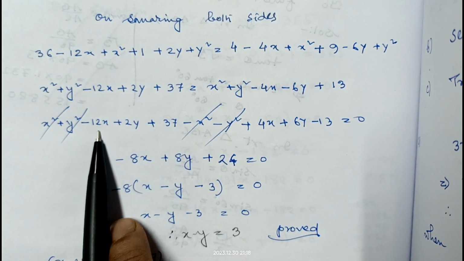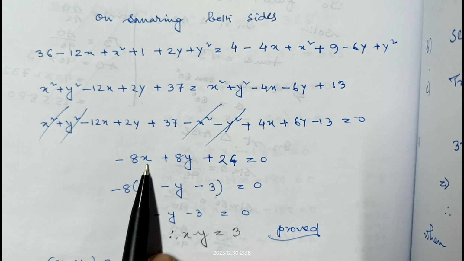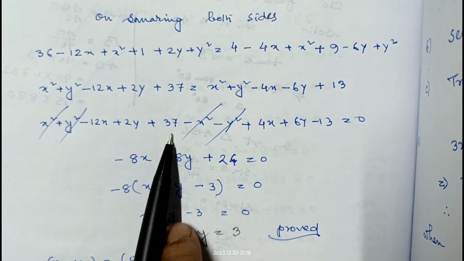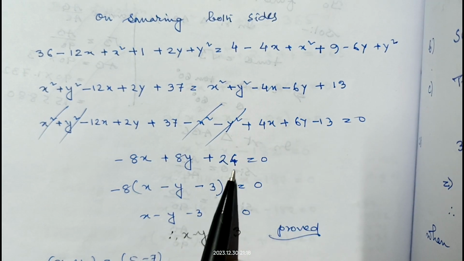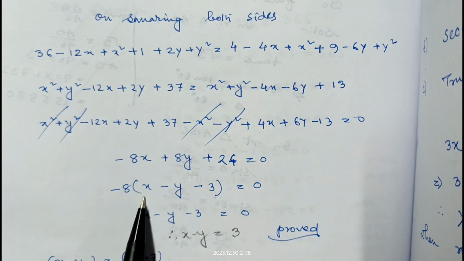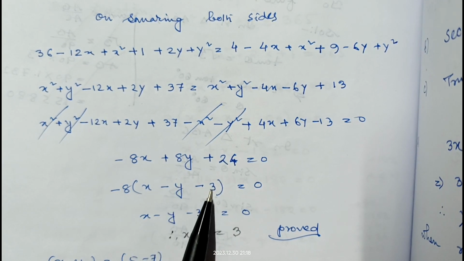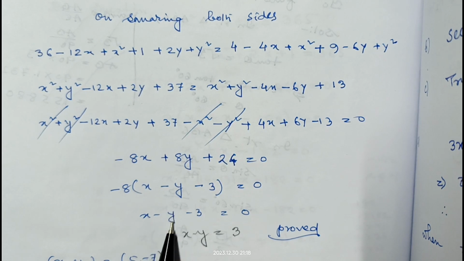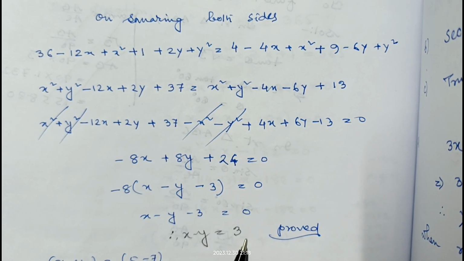So we are left with minus 12x plus 4x, minus 8x, 2y plus 6y, it will give 8y, 37 minus 13, 24 equals 0. From these three, if I take minus 8 common, x minus y minus 3, because 3 is the 24, equals 0, which gives x minus y minus 3 equal to 0. Therefore x minus y equals 3.